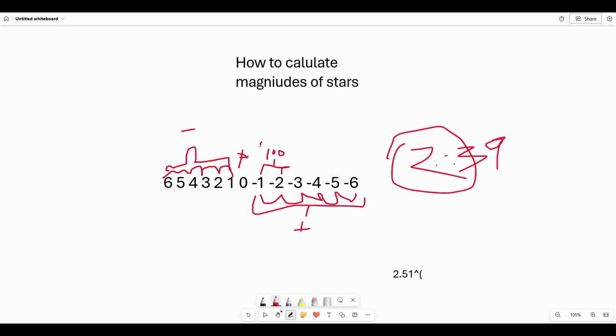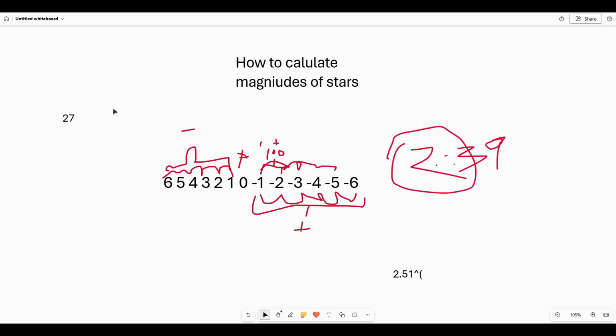It's actually 100 plus. So the more we go over here, the difference is actually 100. Well, our sun's magnitude is actually 27. The brightest we can see in our night sky is actually 27.